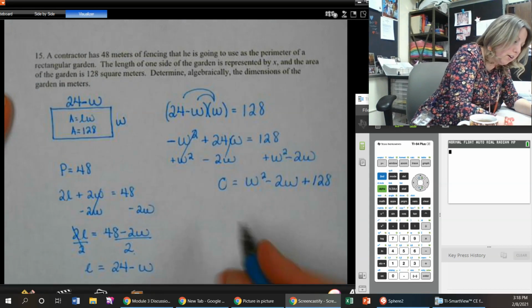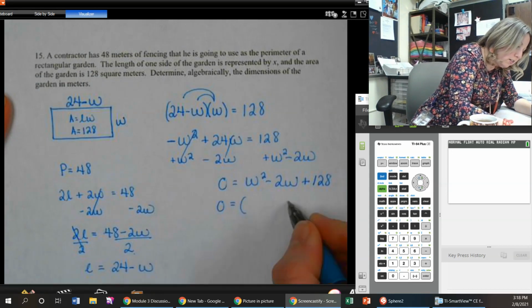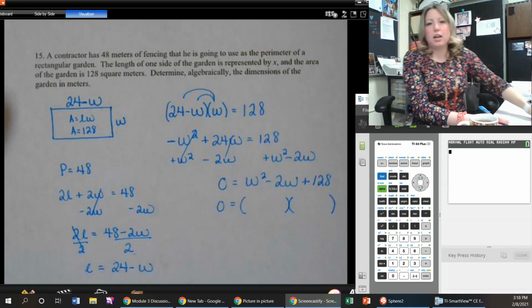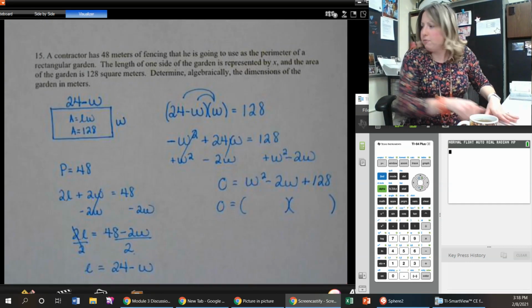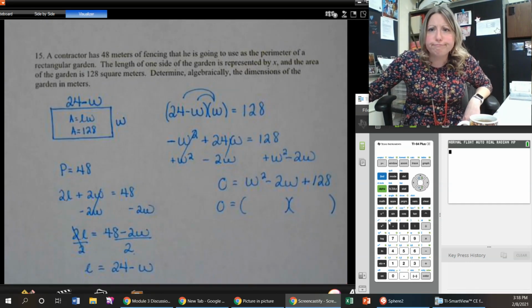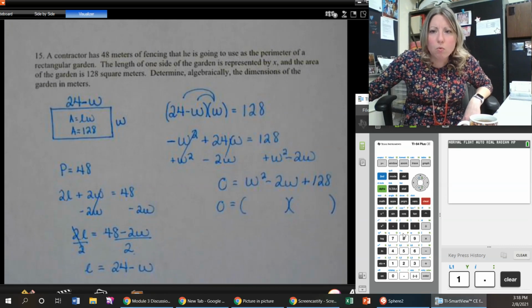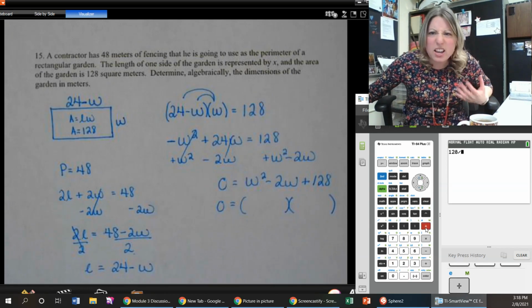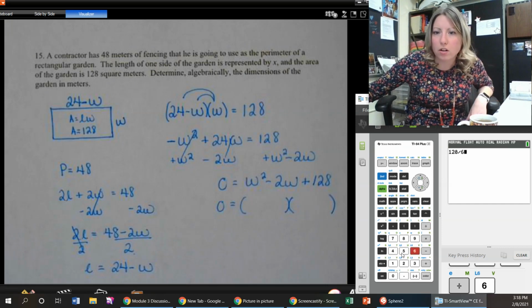Interesting so far. Okay, let's see. Factors of 128. 128 seems like it would be divisible by like 4 and 8 and 64. 64, let's try that.